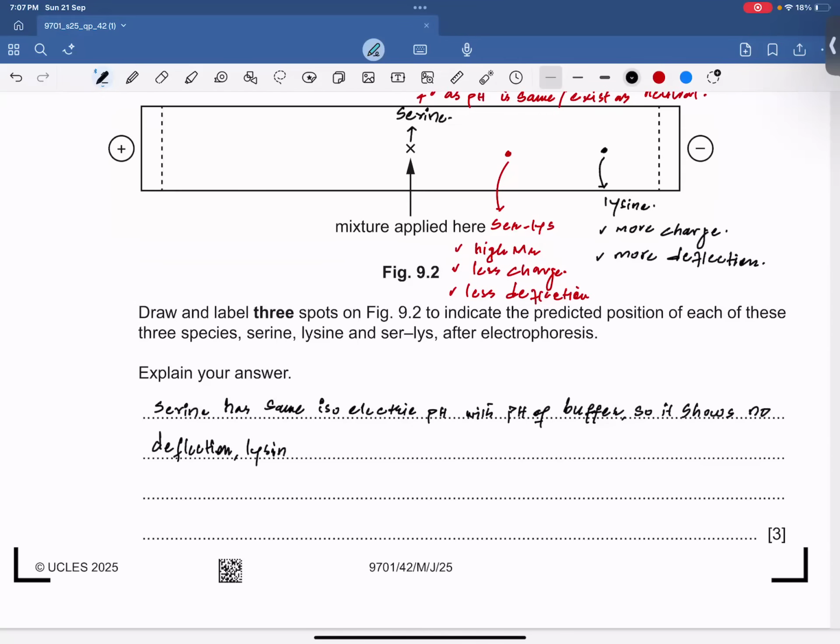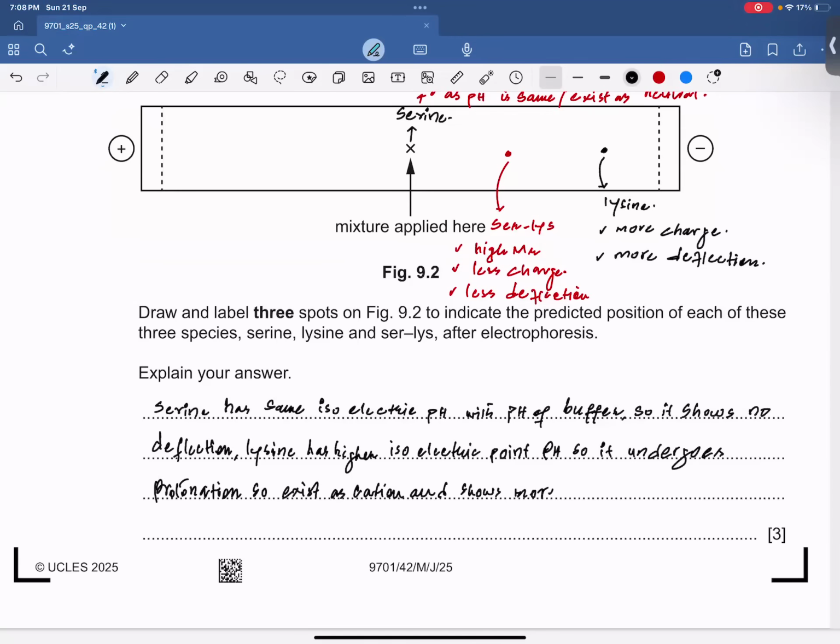Lysine has a higher isoelectric point pH, so it undergoes protonation, exists as a cation, and shows more deflection towards the negative terminal.